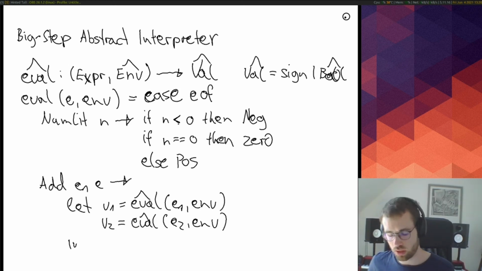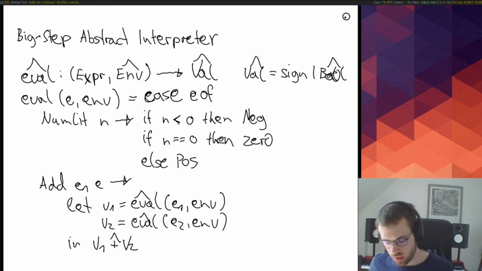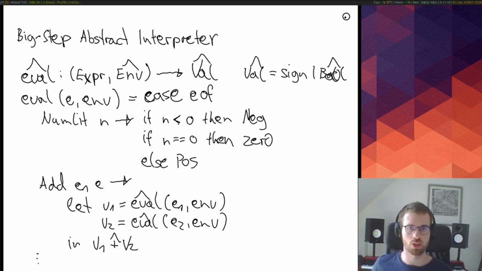And now we return the result of adding V1 to V2, but we use the abstract version of the addition operator that we have defined before. And we essentially do the same thing for all other expressions of the language. In the lecture notes, you can find a more extensive version of this interpreter for some other language constructs as well.